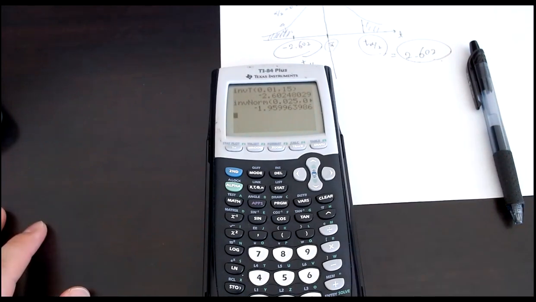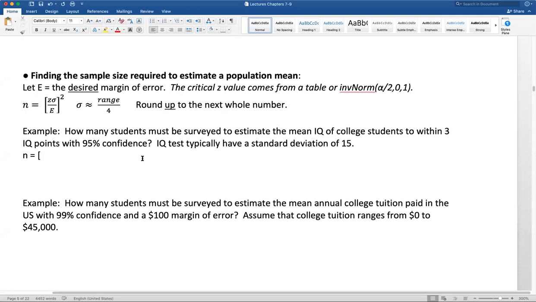So that's going to be 1.96 times sigma, which is 15, divided by E, which is 3, and that's squared. Okay, so I got 96.04.